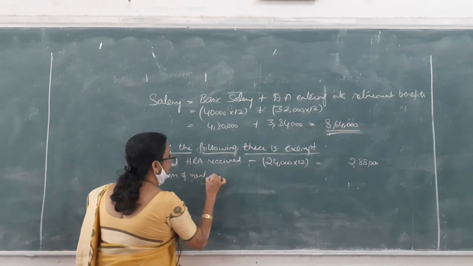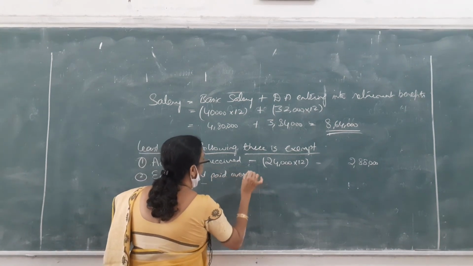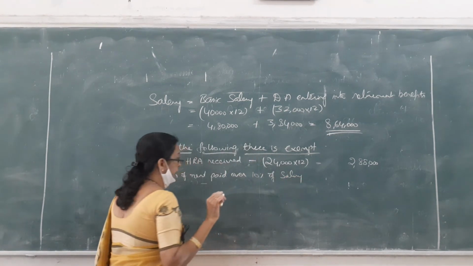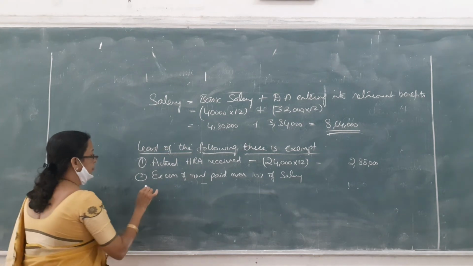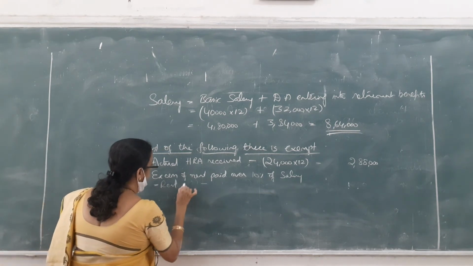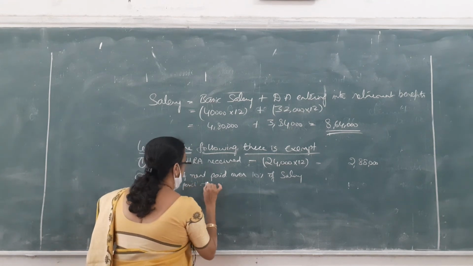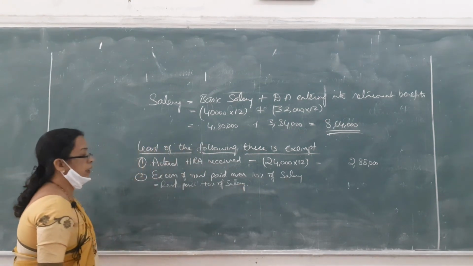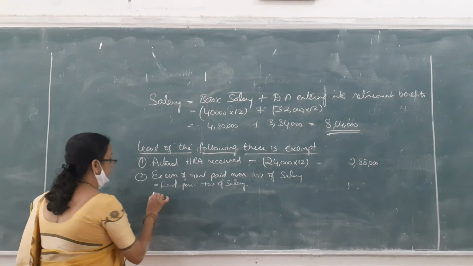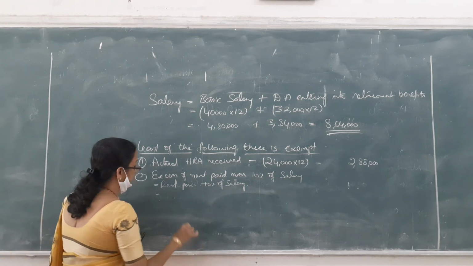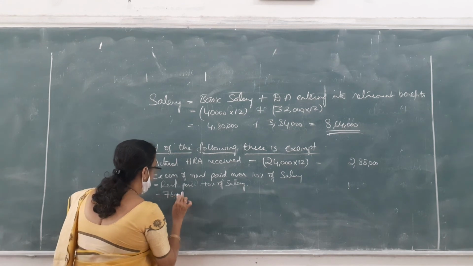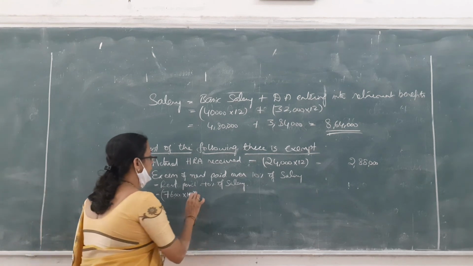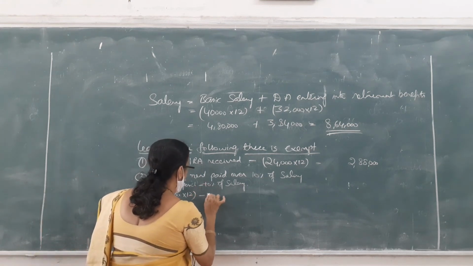Second one, excess of rent paid over 10% of salary, which means rent paid minus 10% of salary. What is the rent paid? 7,600 into 12, that is 91,200, minus 10% of salary.